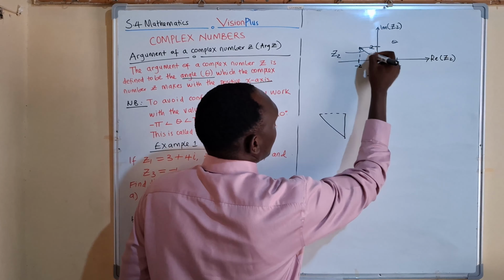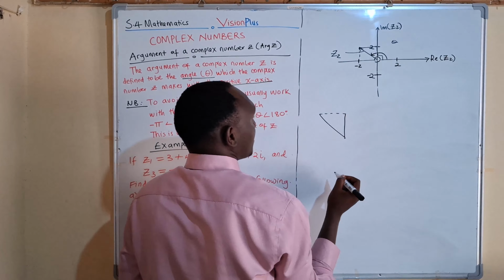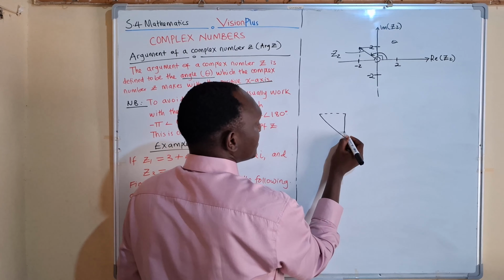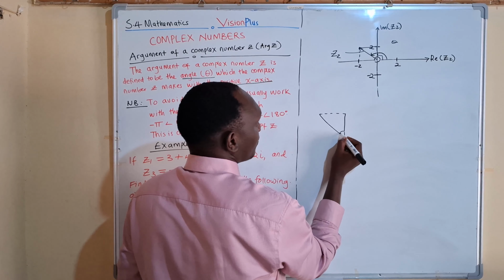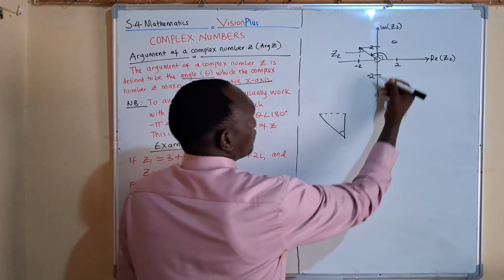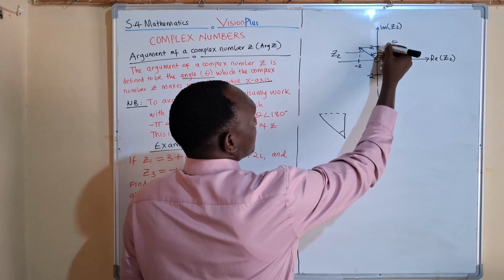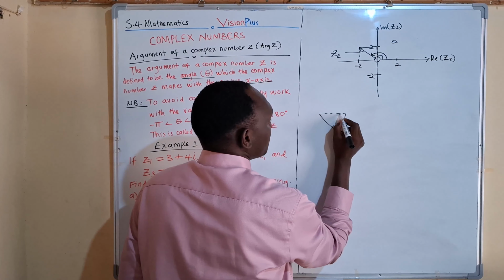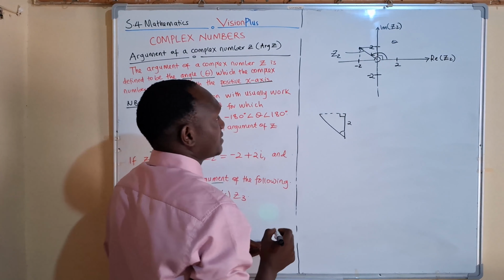That is what I'm extracting. So this is the angle that we are looking for. And from here up here is 2 units. So this side is 2. This is where the right angle forms.